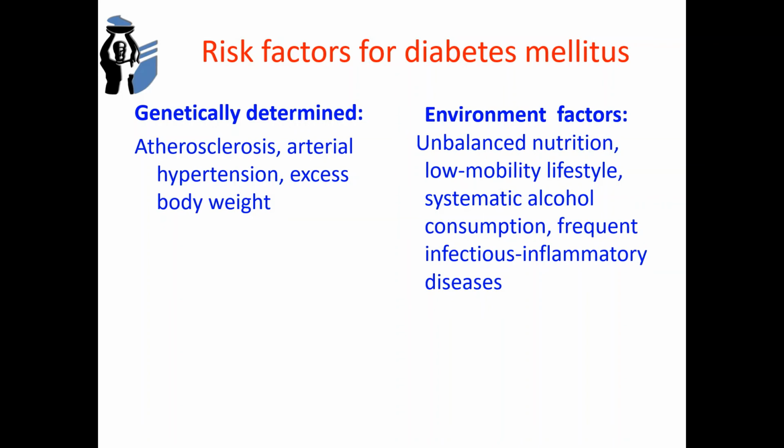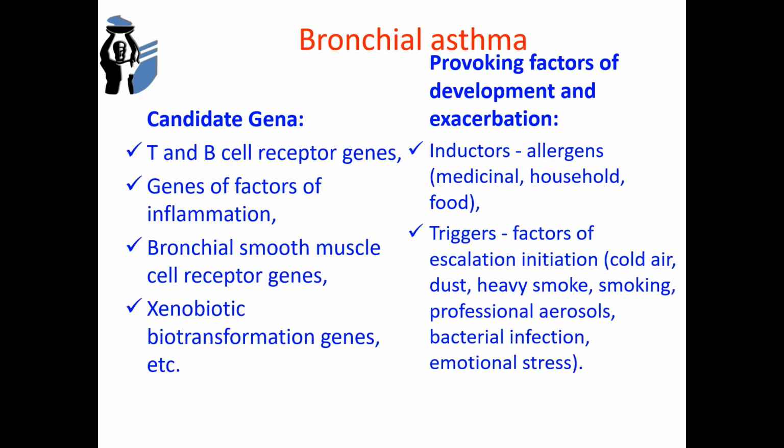And the next example of multifactorial disease is bronchial asthma. Bronchial asthma has two groups of etiological factors.